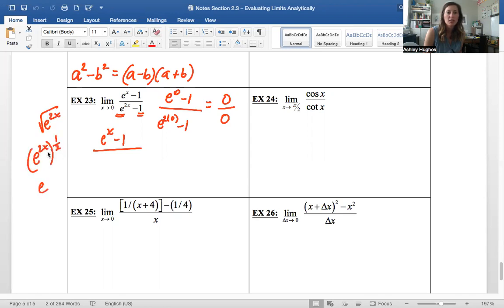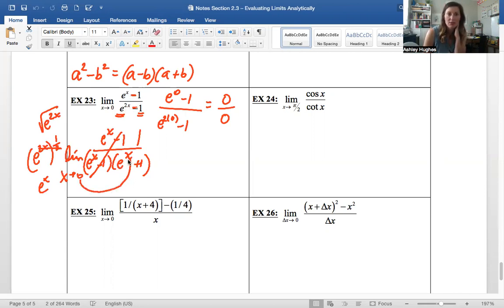That would just be e to the x. So this would factor to be e to the x minus 1 times e to the x plus 1. And then these would simplify. And then you can plug in for 0. So that factor is a little different. I just recognized because they both had this minus 1. And this happens to be this guy squared.